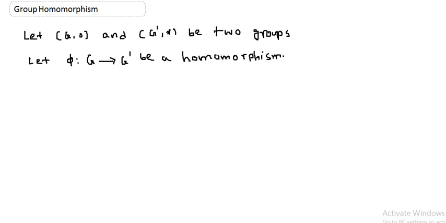Let me again recall what a homomorphism is. Phi is a mapping from the group G to the group G dash satisfying the property that phi of A plus B is the same as phi of A plus phi of B.